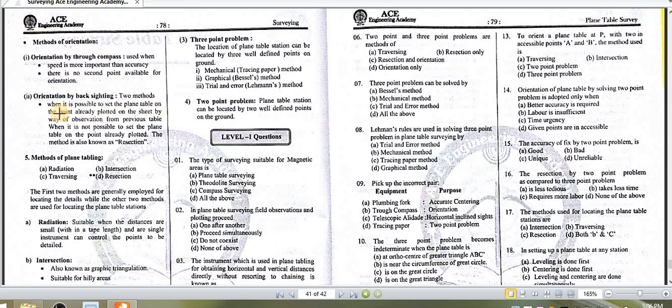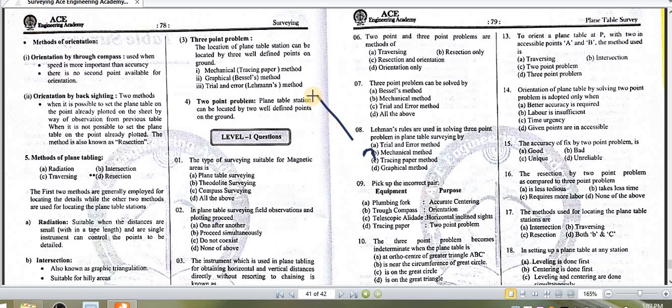In the second method, it is possible to set a plane table on a point that is already plotted on the sheet by observation from the previous table. Suppose you have drawn a line from the first station, this is your first point. Now you are shifting to your second point.